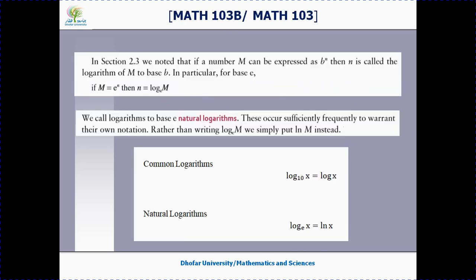In the last section, section 2.3, we noted that if a number m can be expressed as b to the power n, then n is called the logarithm of m to the base b.